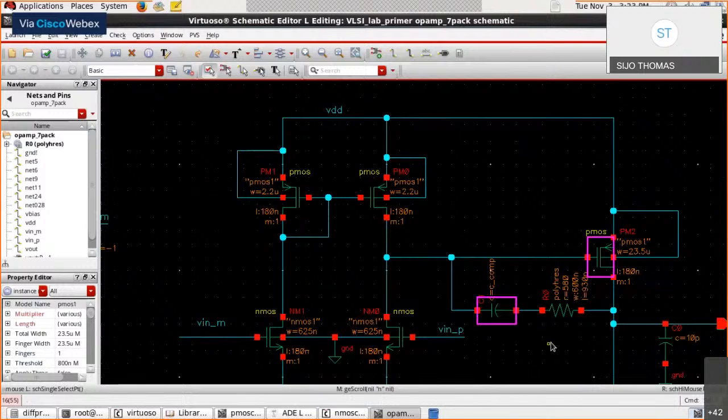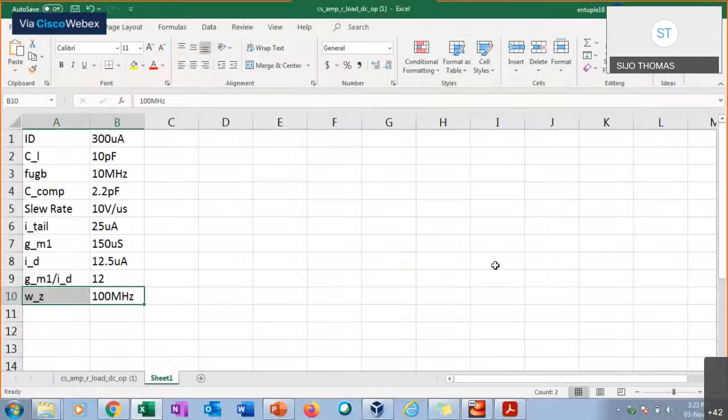So from these values we know the CC value. So we are finding what is the GM of this PM2. That value we can find as the omega z location, that is 10 times the unity gain frequency location, divided by the CC, that is the compensation capacitance value, which is 2.2 pico. So that gives GM7 around 1.5 millisiemens.